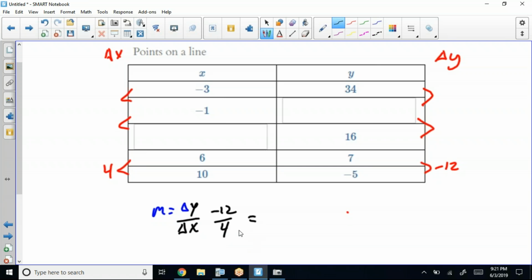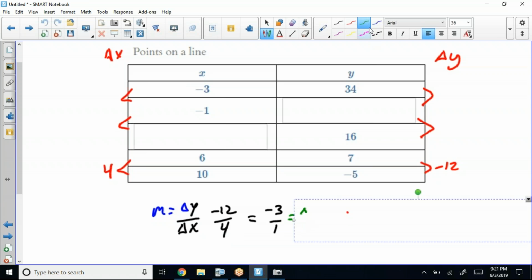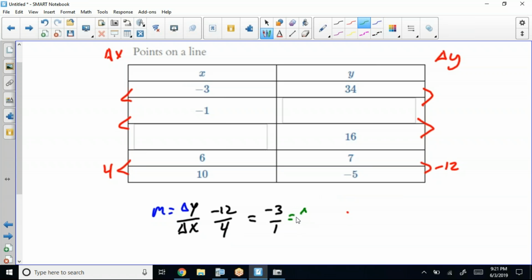So -12 over 4 is really -3 over 1, which means for every 1 movement in the X, I'm going down by 3 in the Y. So I'm getting it back to a unit rate: where X is moving by 1, what is my Y doing?